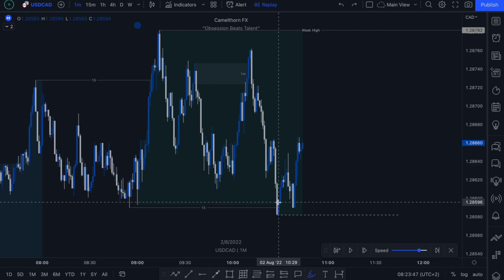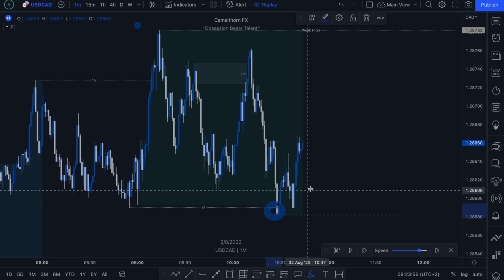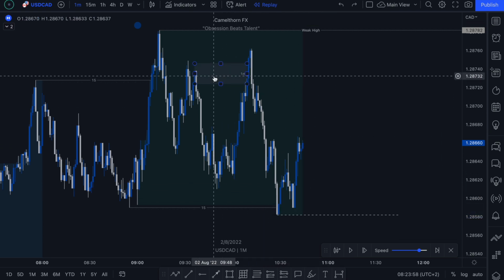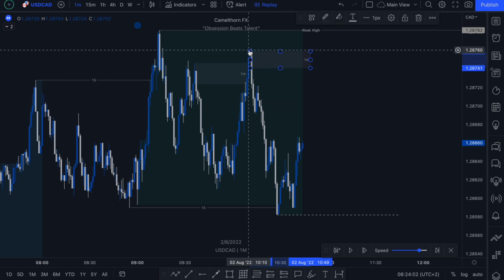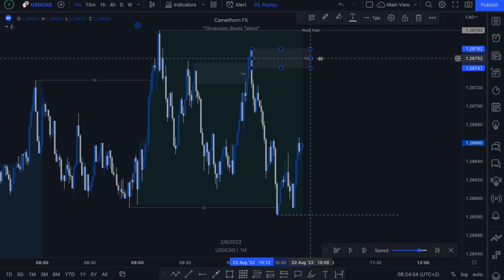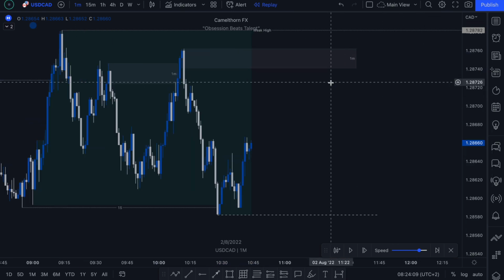We want to look for the supply zone where our 15-minute change of character originated from. And the point where that 15-minute change of character originated from would be this 1 minute supply all the way up here.